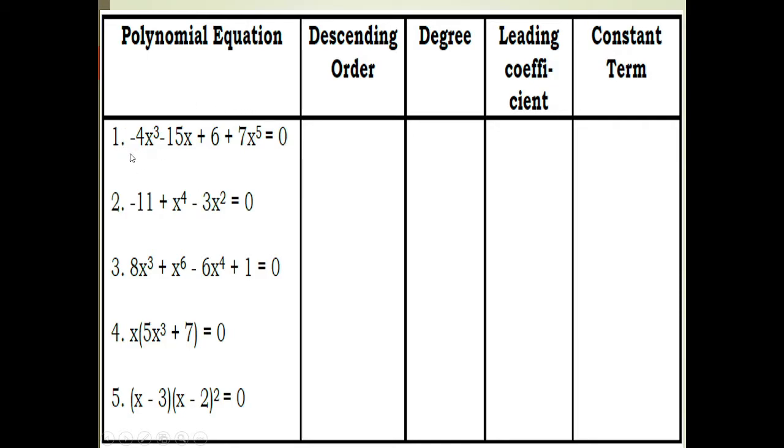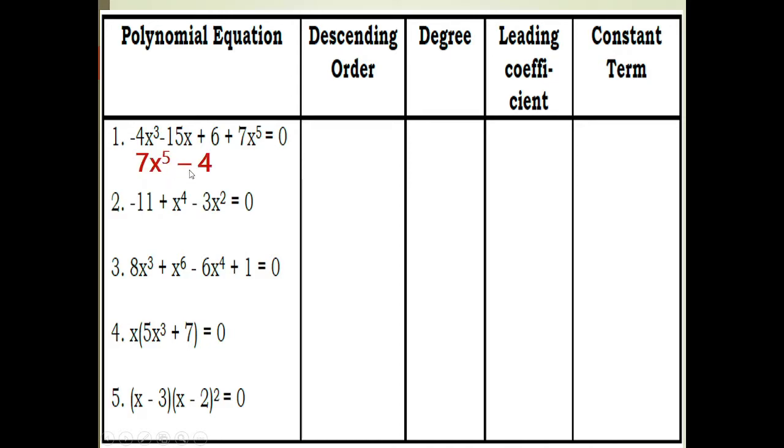Kasi if you look at the exponent, you see here, it's 3, 1, constant, 5. So, hindi siya ayos. Kaya, aayusin natin to. Ano ang dapat maging first term, maging second term, maging third term, at panghuling term. So, dapat ganito ang ayos niya.